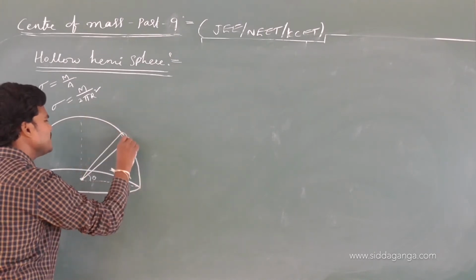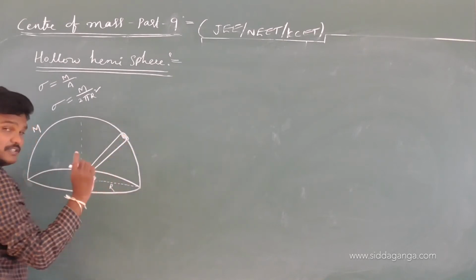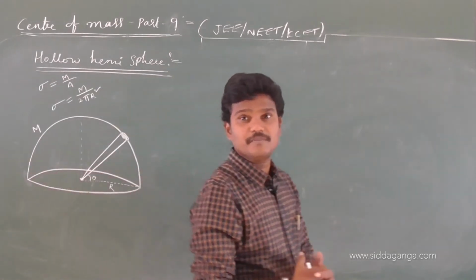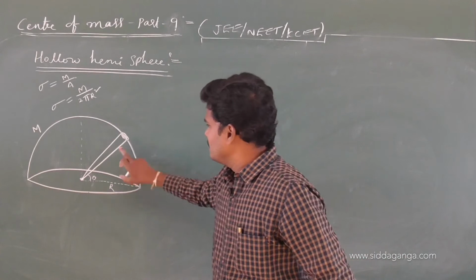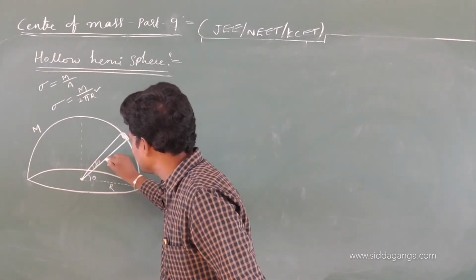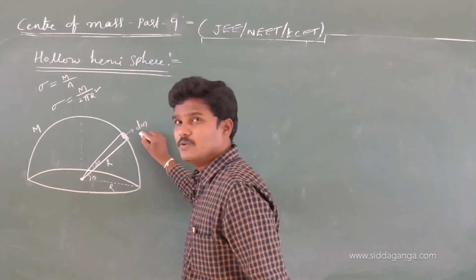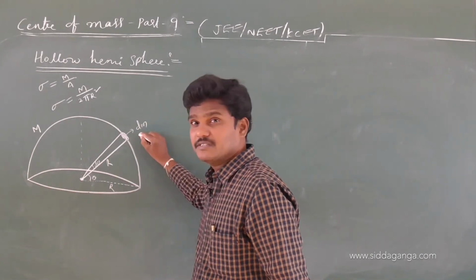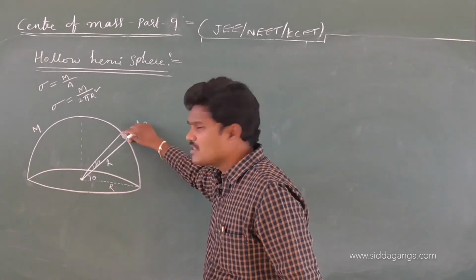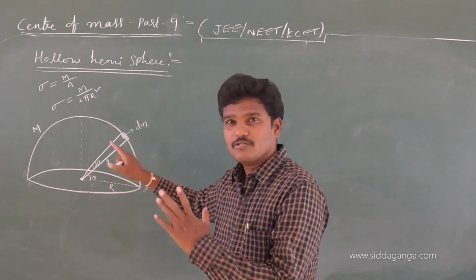Inside is empty, inside is like a globe. What is this d theta? And what is this radius r? And what is the mass of this part? dm. What is the arc length? dx. Again resolve some components.